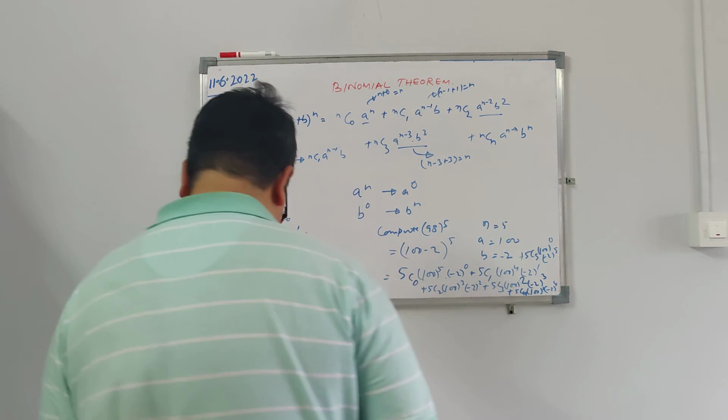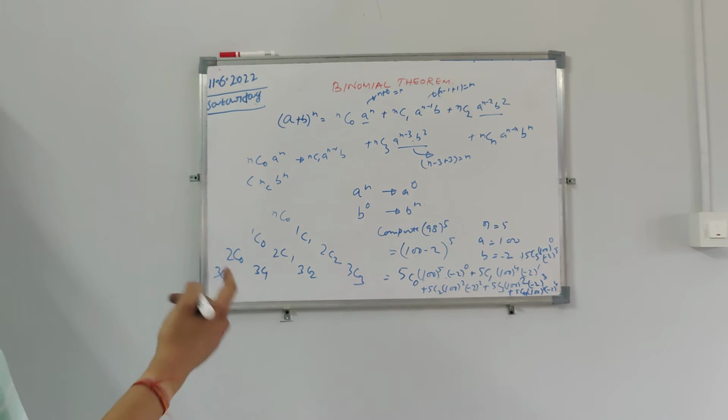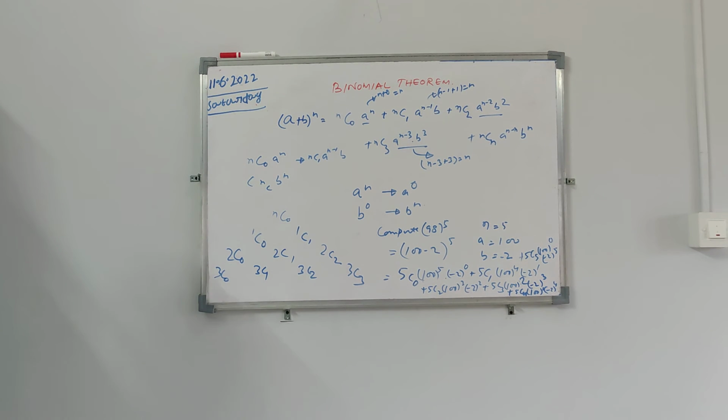So this is how you solve a big term, or a term with an exponent other than 2 or 3. When you get a big number and the exponent is much higher, you have to use the binomial theorem.